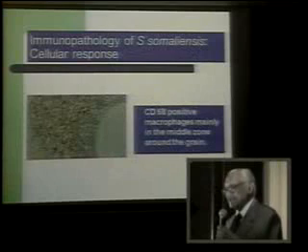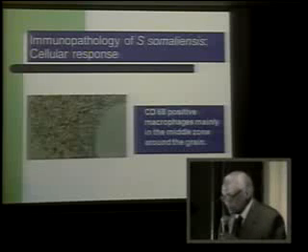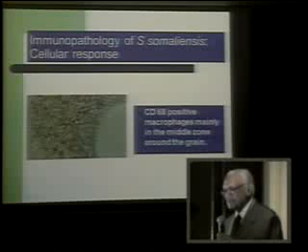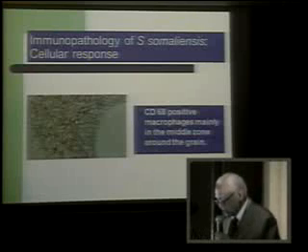This is CD68. Remember, this stains the macrophages. And as you can see here, see the specificity. The grain is negative, the neutrophil zone is negative, and then in the second tier or middle layer of the reaction, the cells are positive for CD68, indicating that we are dealing here with macrophages.